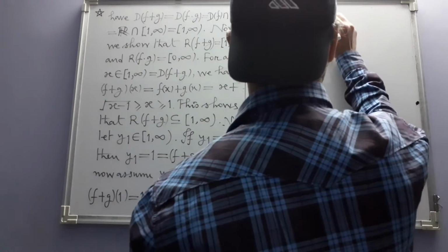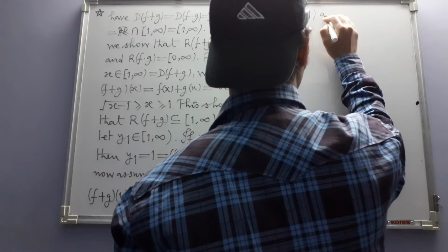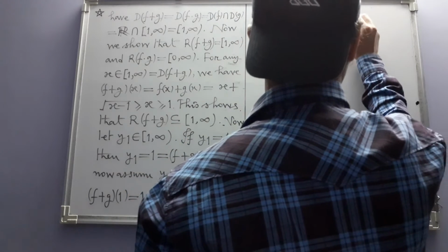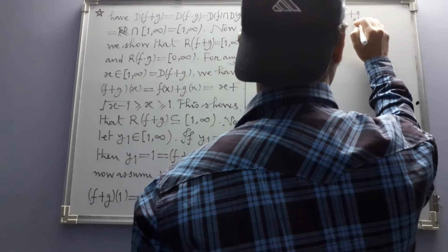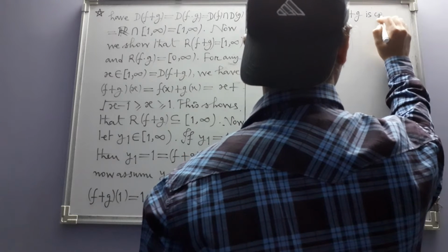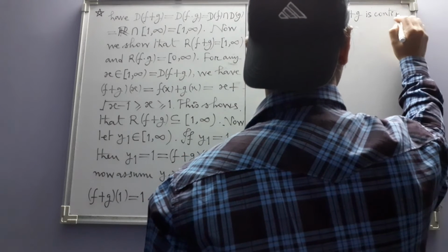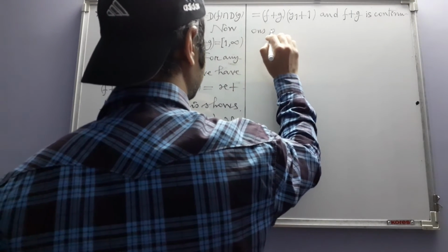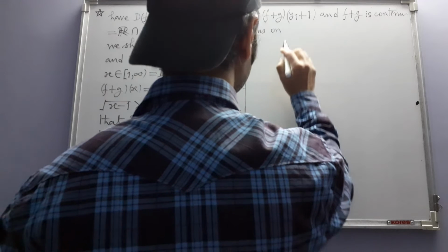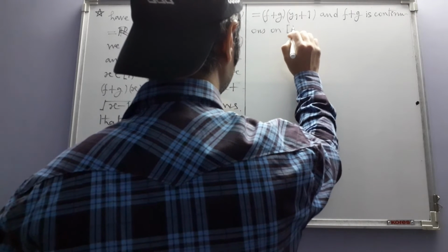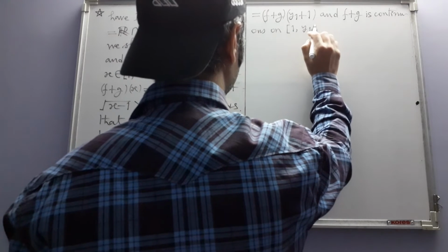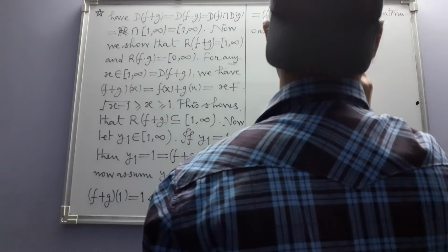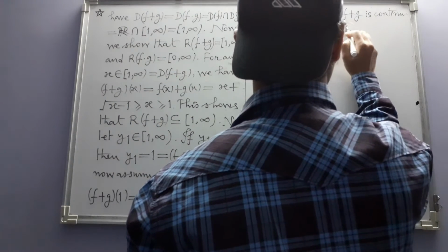Since f plus g is continuous on 1 comma y1 plus 1. See section 1.5.